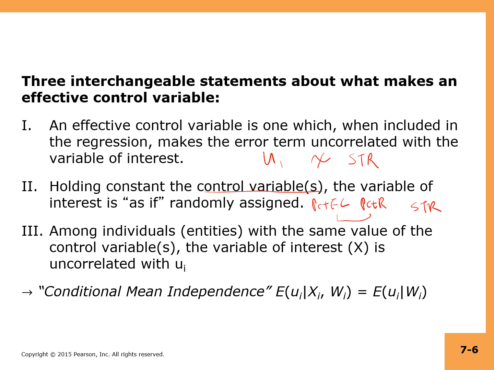Another way of saying this is that among individuals with the same value of control variables, the variable of interest is uncorrelated with ui. So they're all saying the same thing, and in mathematical terms, we call this conditional mean independence.